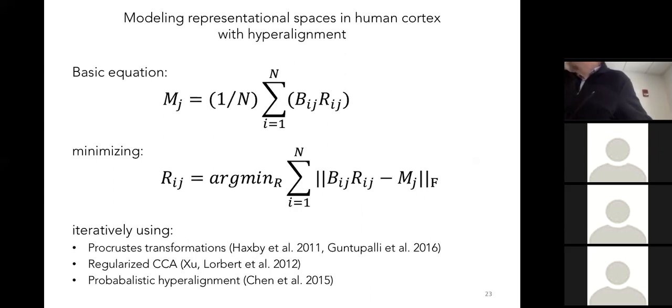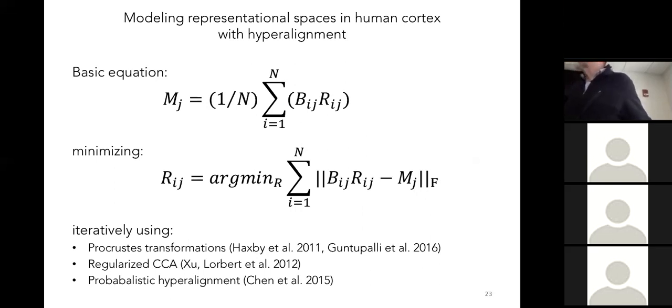I'm sorry, this is for subject I, multiplied by that subject's transformation matrix. And we derive the transformation matrix to minimize the difference between the transformed brain spaces and the average information space.